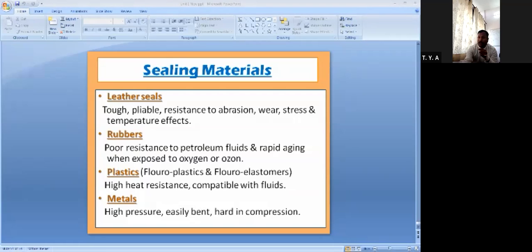Either type is easily bent, so it requires careful handling. One is a flat copper ring and another is a molded copper ring.